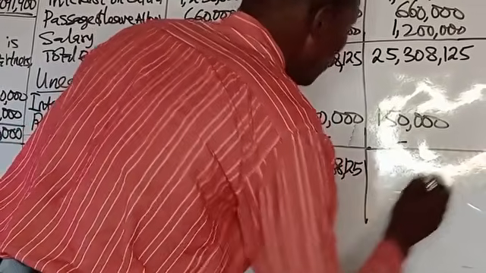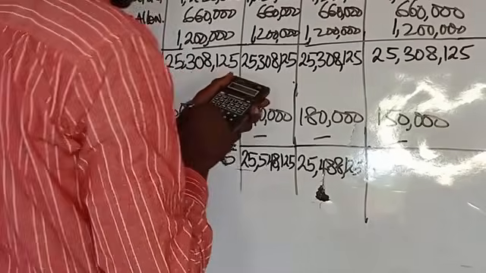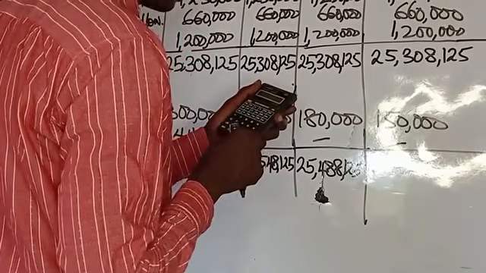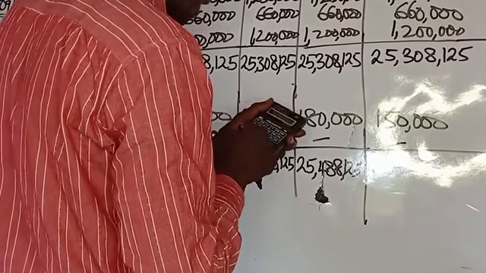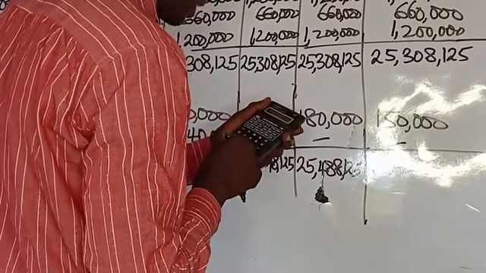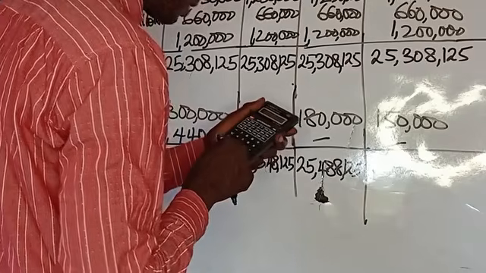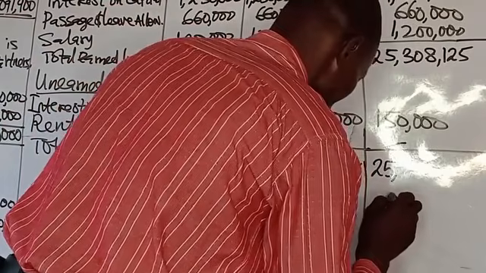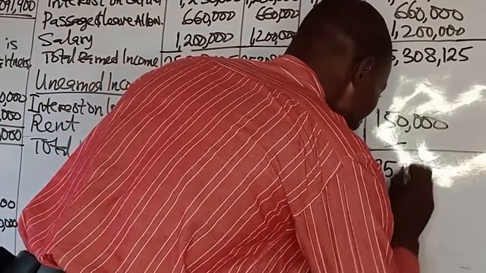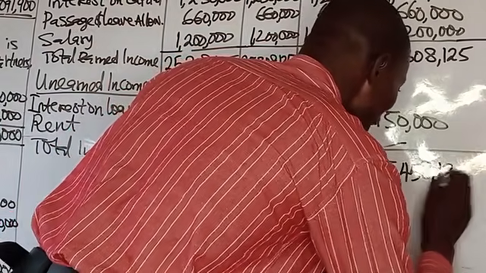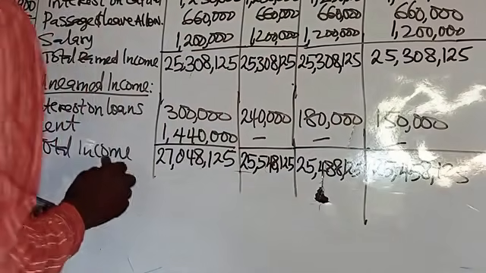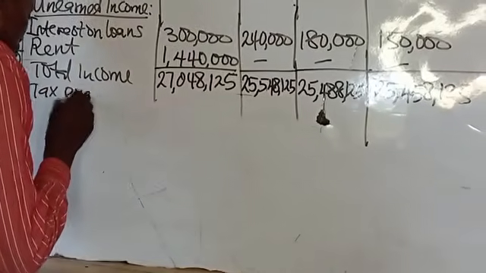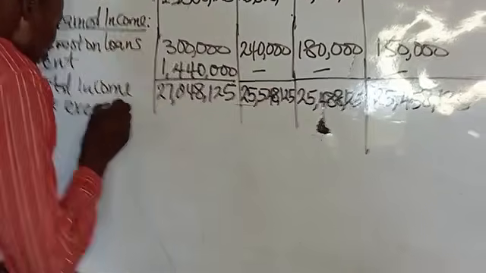Then that of Gbenga, 25,308,125 plus 150,000. That is a total of 25,458,125. Then the next item is tax exempt item.